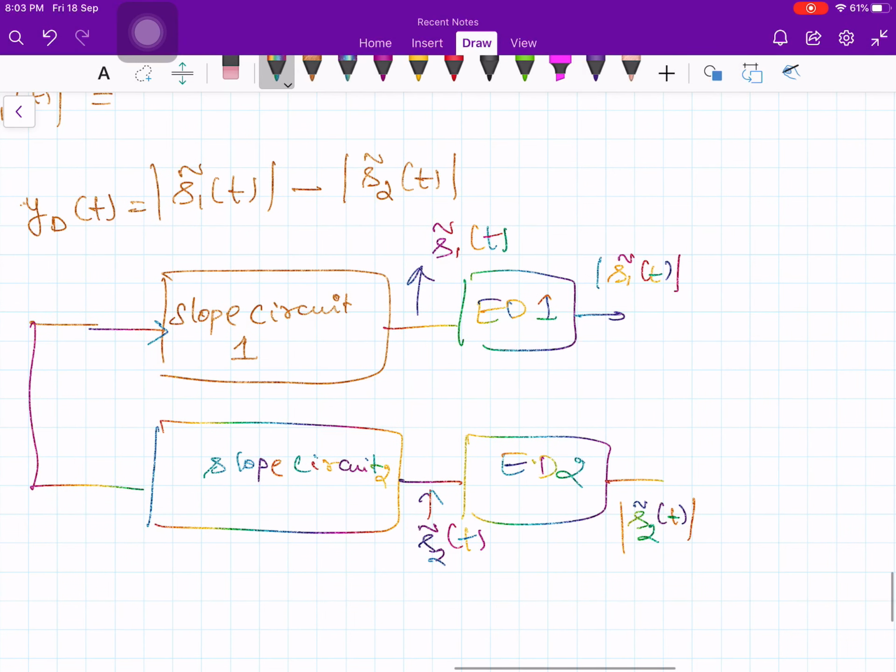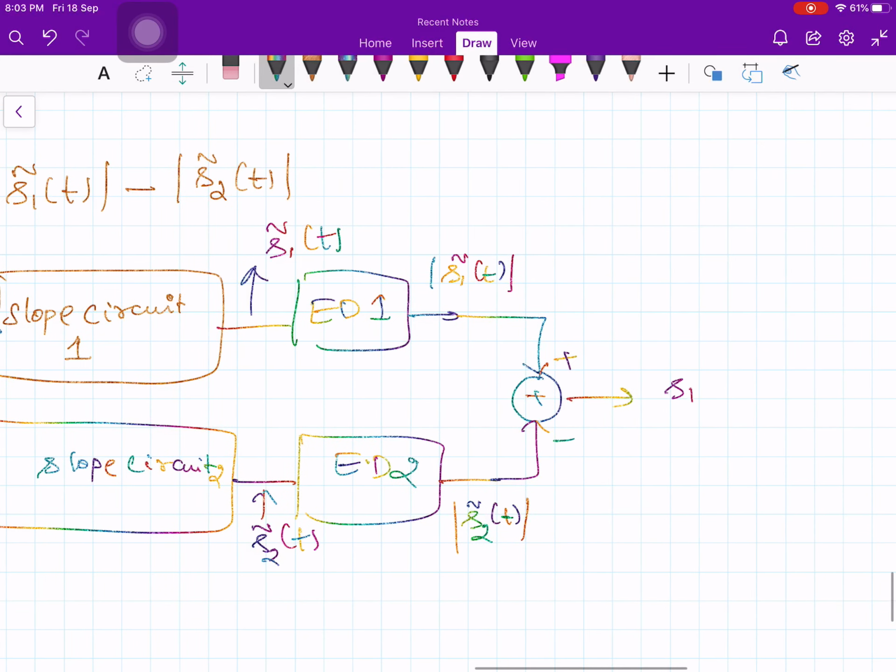Now what you do, you subtract s2 tilde of t from s1 tilde of t. So this is plus and this is minus. So the output is s1 tilde of t magnitude minus s2 tilde of t.